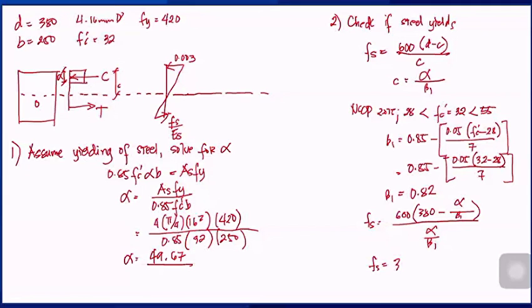How much? Point? 0.04 po. 04 MPa. So from here, Fs is again greater than Fy. So the assumption is correct. Your steel still yields.